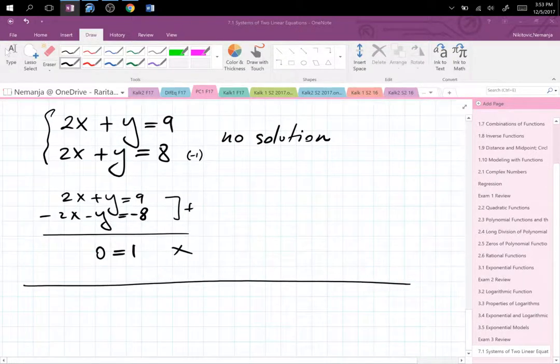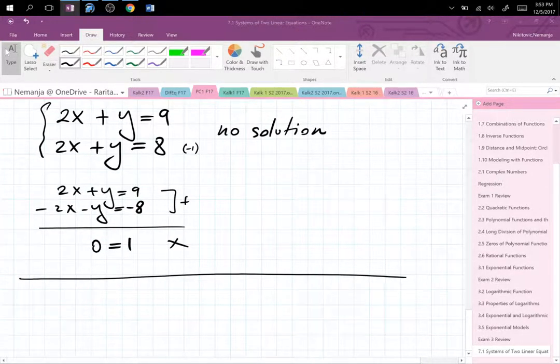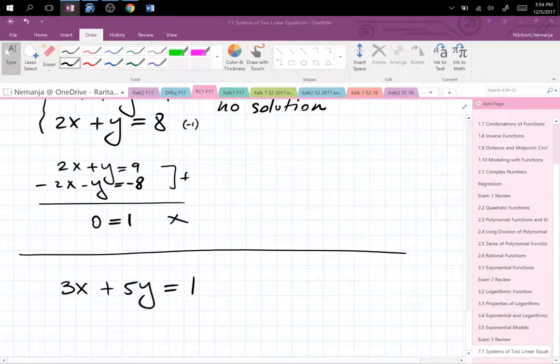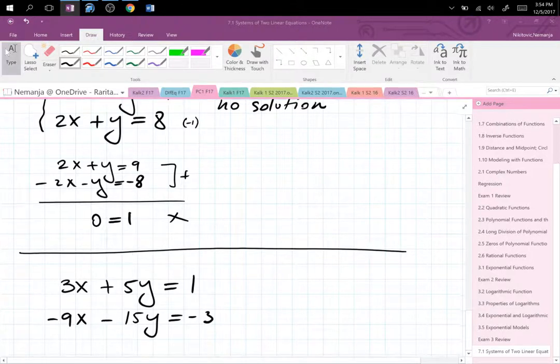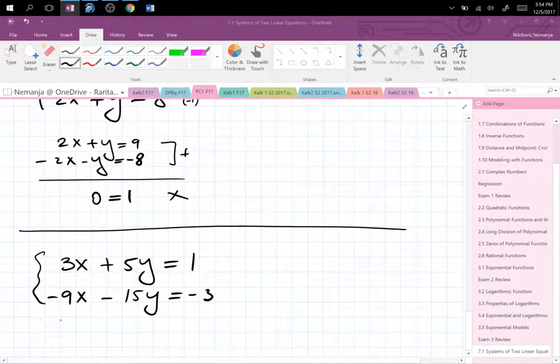And the situation for infinitely many solutions is when it's the same line. Usually those are in disguise. Say you have 3x plus 5y is equal to 1, and you have negative 9x minus 15y equals to -3. And this is given to you as a system.